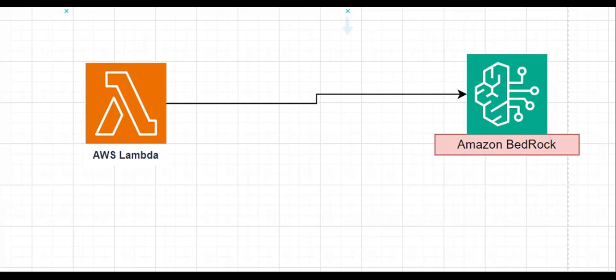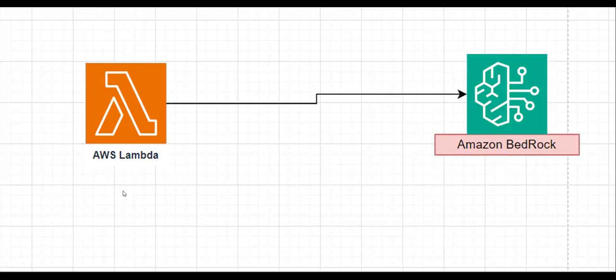Now let's have a question in our mind. My company requirement is that I want to provide private connectivity to my Bedrock ML model from my Lambda function. So the question here is how to provide that private connectivity to my Lambda function to access this Bedrock model.